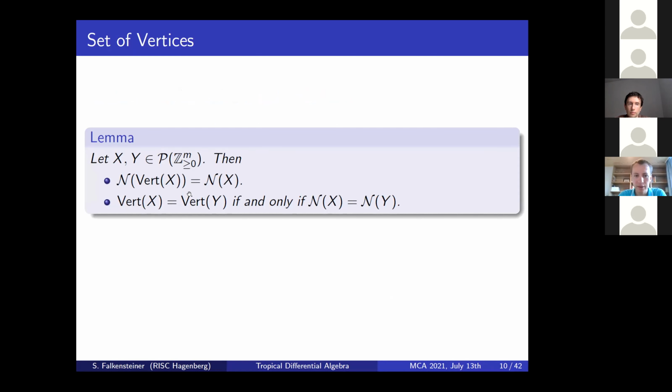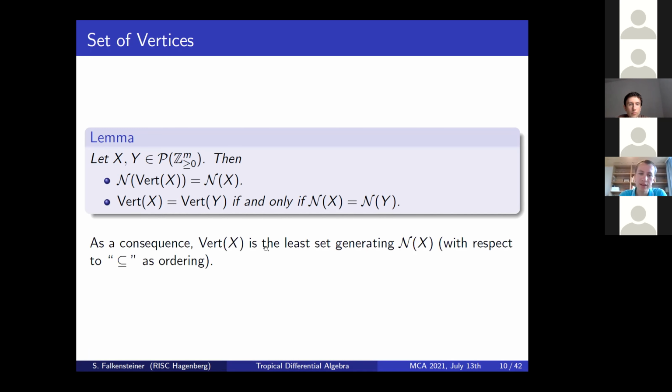And here we have two properties of the set of vertices. It's a generating set for the Newton polytope, and two vertex sets are equal if and only if they have the same Newton polytope.